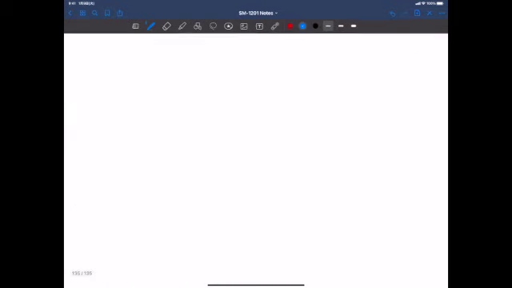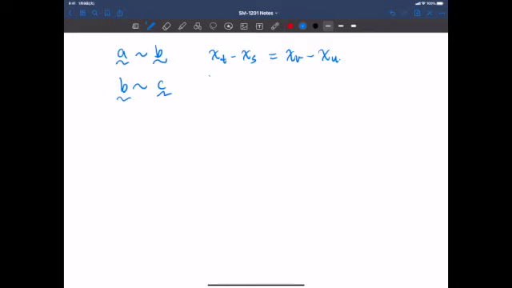Okay, so from A related to B, we have xt minus xs equal to xv minus xu, and the same for the y coordinate. And from B related to C, we have xv minus xu is equal to xq minus xp, and the same for the y coordinate.